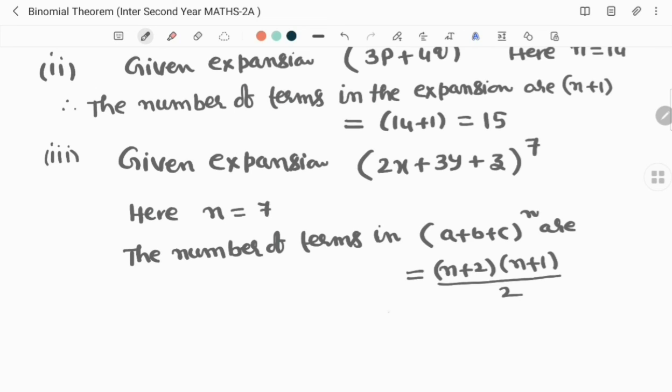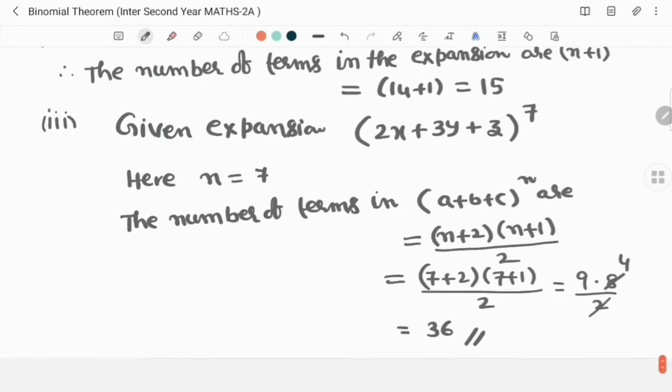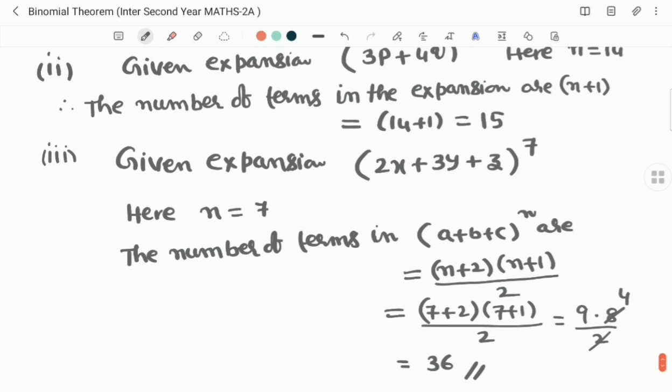Substitute here: (7 plus 2)(7 plus 1) divided by 2. So 9 into 8 by 2, 2 fours are 8, 9 fours are 36. Therefore, the number of terms in the expansion (2x plus 3y plus z) whole power 7 is 36.